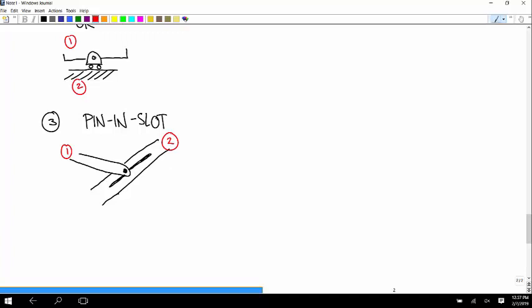It's free to translate along the slot, but it's not free to translate perpendicular to the slot. The connection between the pin and the slot stops that, and it's free to rotate. Okay, so again, there's a force applied perpendicular to the slot, but no force parallel to the slot and no couple.